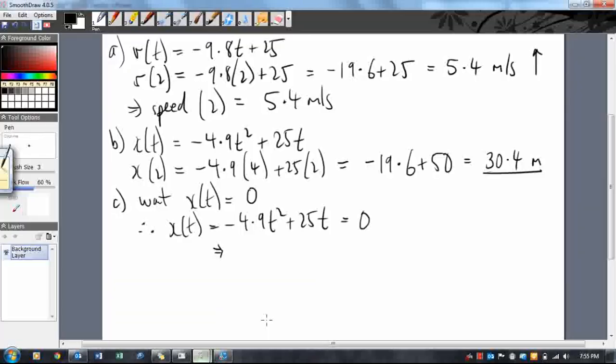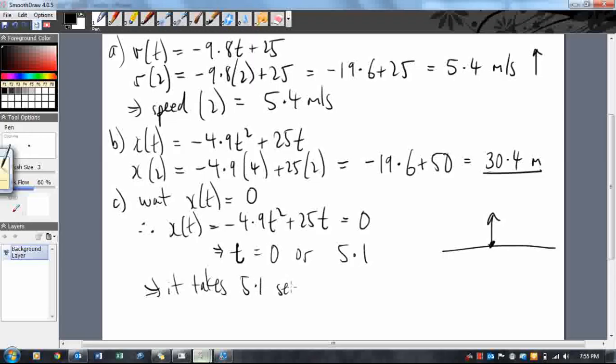Now we've got two answers here, but the first answer, t equal to 0, is when it started, when the ball was shot upwards at the start of the question. So that's not the one we want. Therefore, it takes 5.1 seconds to return to Earth.